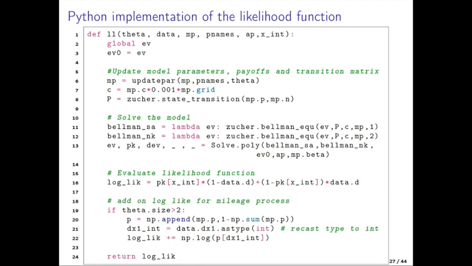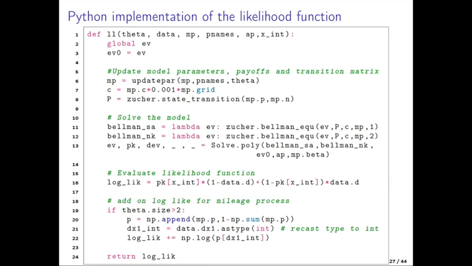It turns out the maximum likelihood estimator in this case is really just a frequency estimator: the fraction of times that a bus is in a certain cell in the Markov transition matrix. That's the maximum likelihood estimator. Then, having done that, we just return the vector of log likelihood contributions, and you can average those, take the negative value, and minimize that objective function.